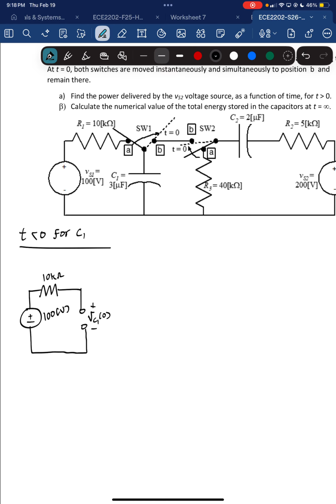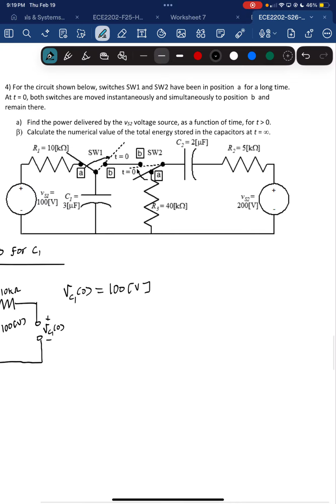You sure? Let me think about it. KVL, 100. You said it. Because there's no current going through. You just gotta trust your big brain. VC1 is 100 volts.